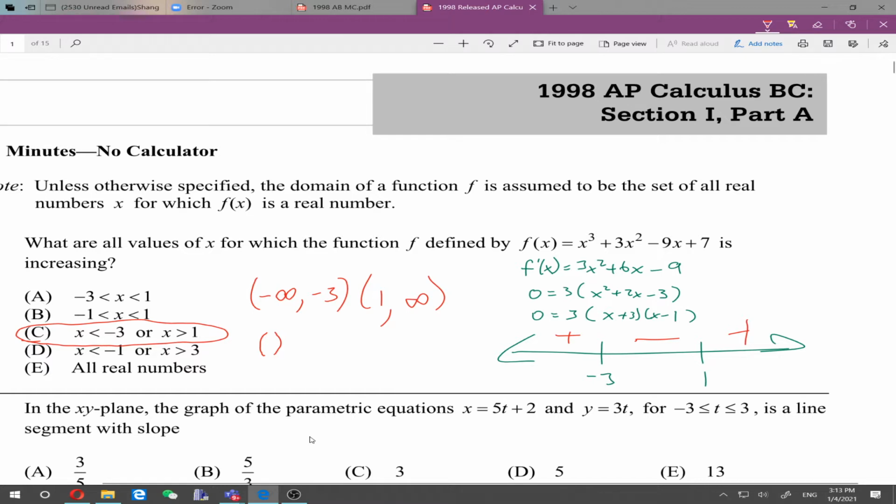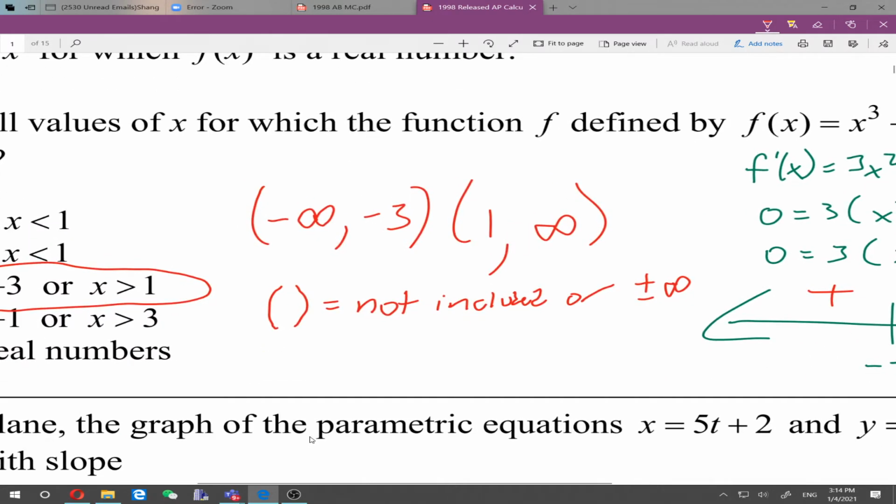Your parentheses in interval notation mean not included or plus or minus infinity. And your brackets mean included.